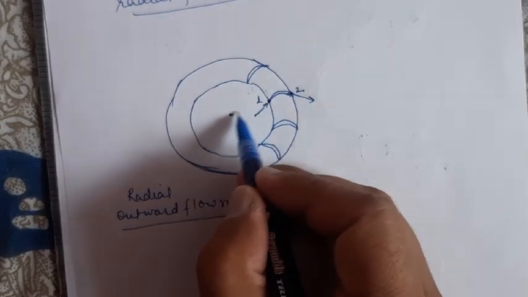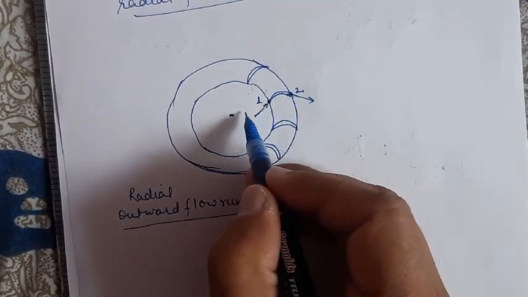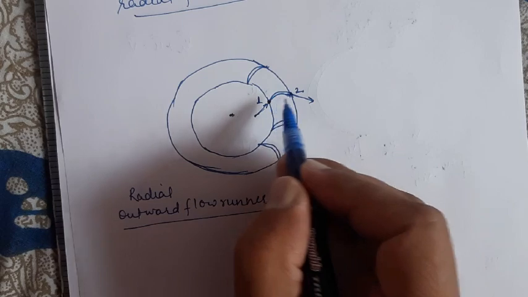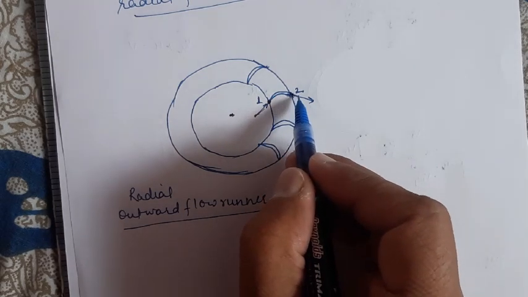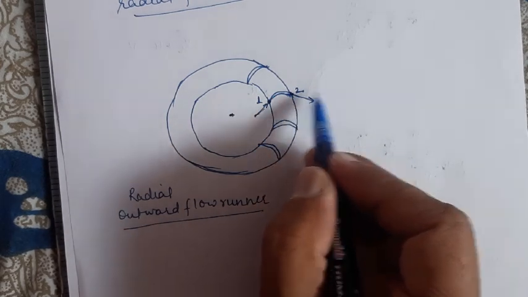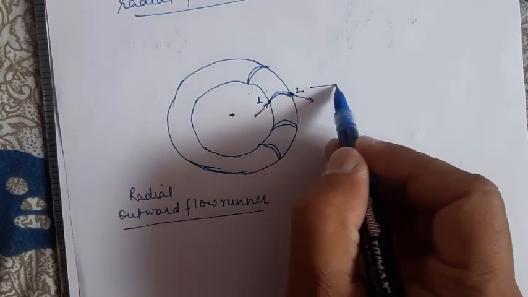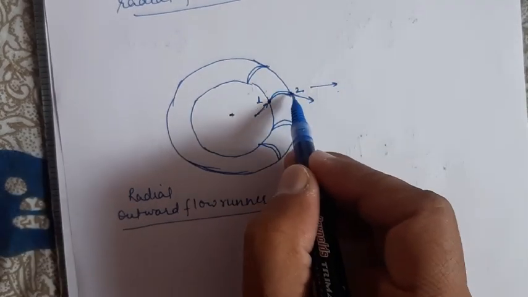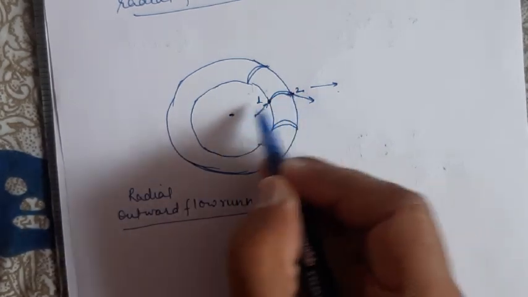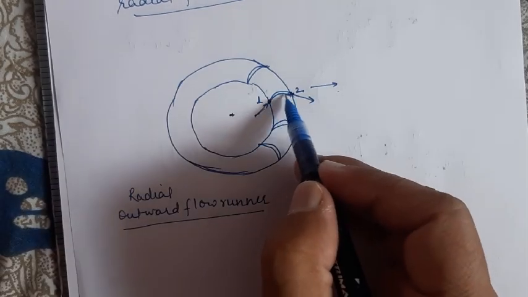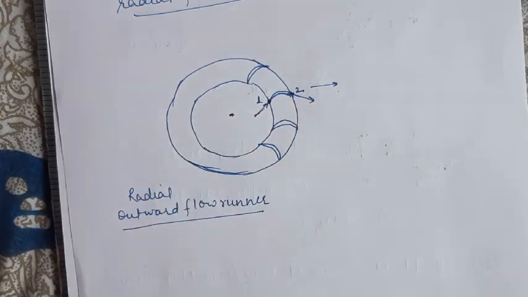This radius is r1, this radius is r2. The inlet is over here, the exit is over here, so this is a radial outward flow along the vane.